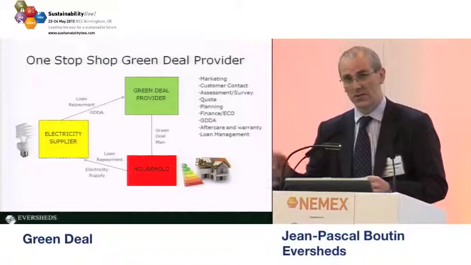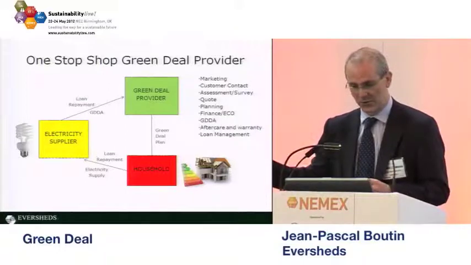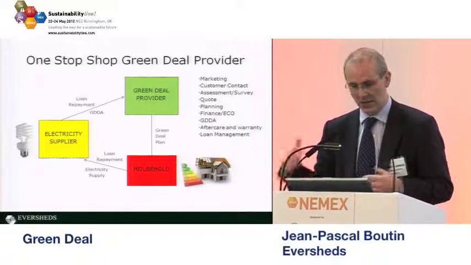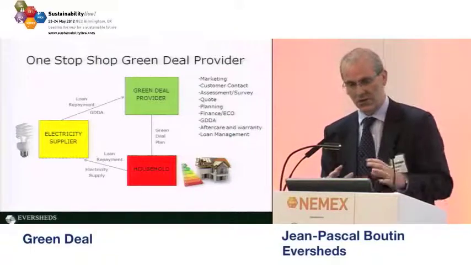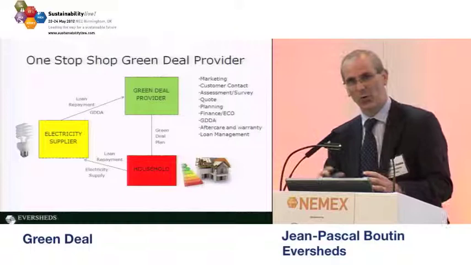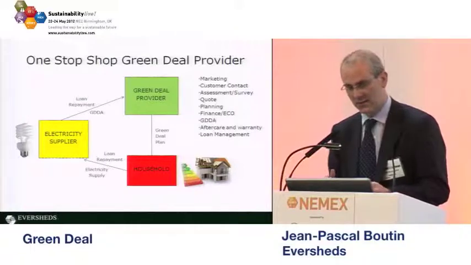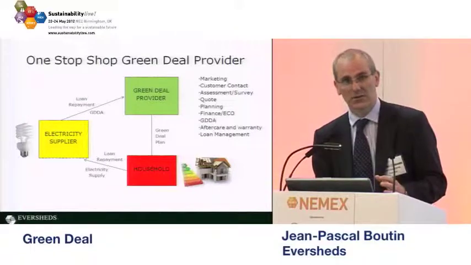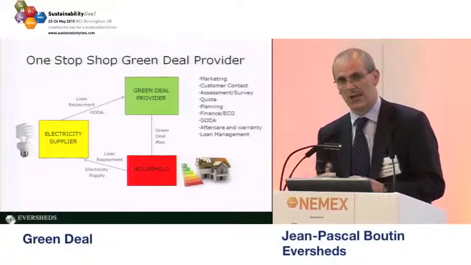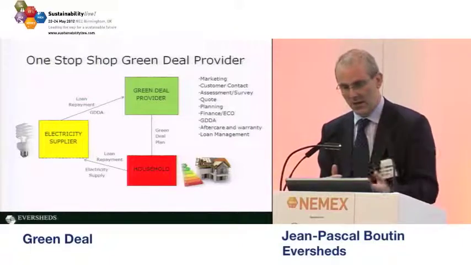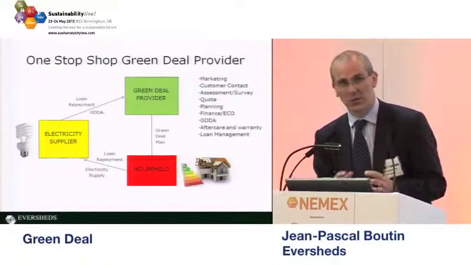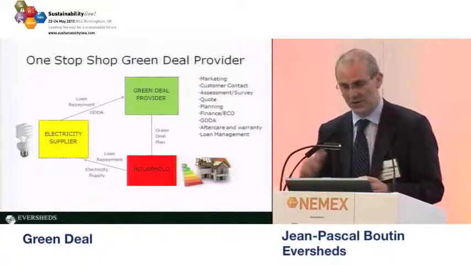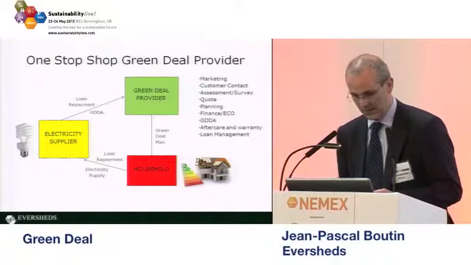So they would do the assessment themselves as an impartial assessor, survey, quotes, etc. The problem with this structure is that not many entities have all this expertise and resources in-house. If we take, for example, what happened with PV and the utility companies, very few utility companies had enough resources to do domestic and social housing installations.